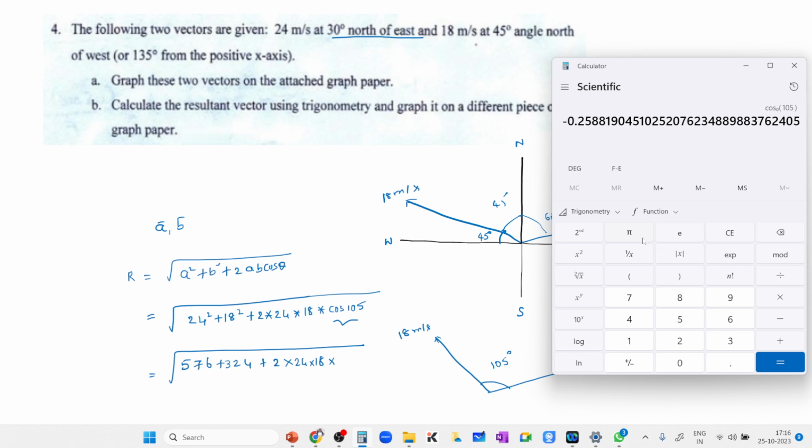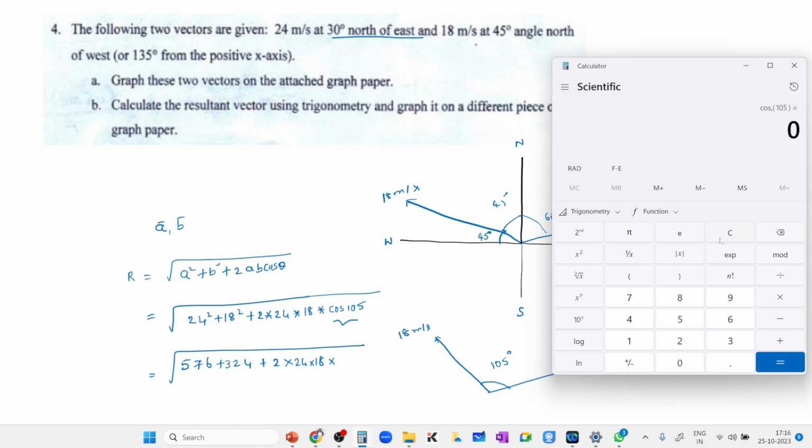Let me do it with the help of a scientific calculator because maybe it was taking radians, so I need to have it in degrees. 105 cos. Sure, cos 105 is minus. No, it is root 3 minus 1 by 2 root 2. Let me do it.